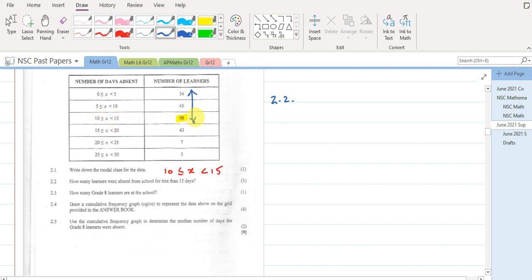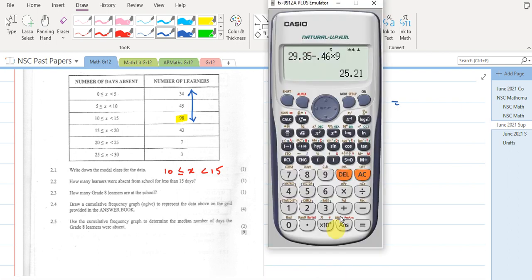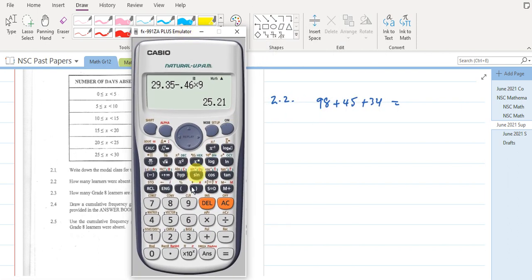So how many learners? 98 plus 45 plus 34, that's 177 learners.